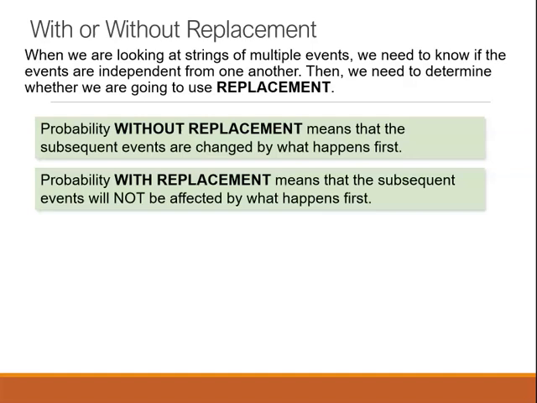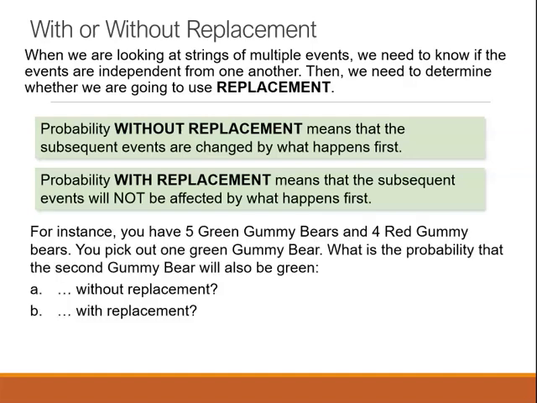We've kind of hit on this a couple of times. So again, if you have 5 green gummy bears and 4 red gummy bears, and you pick one green gummy bear, what is the probability that the second gummy bear will be green? Well, if you're dealing without replacement, how many green gummy bears are left? There'd be 4 now.